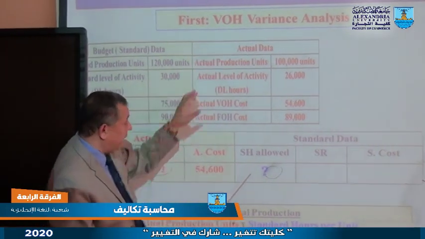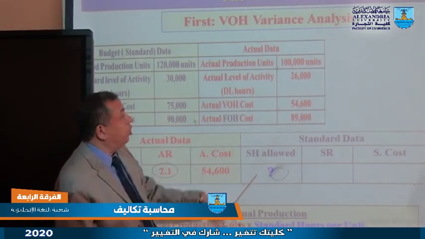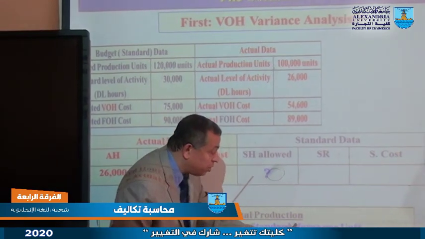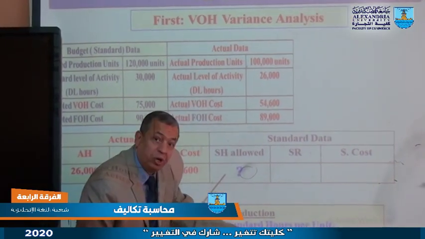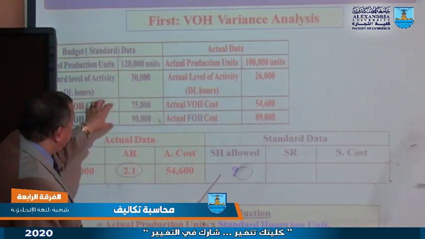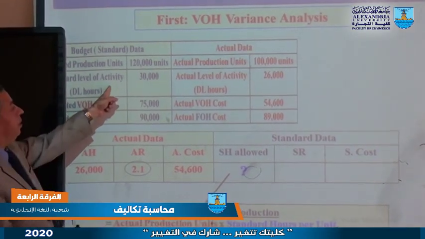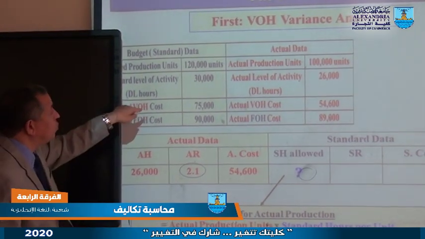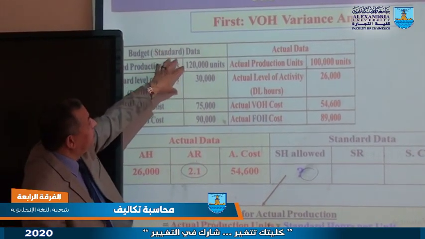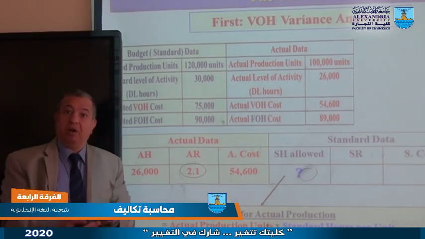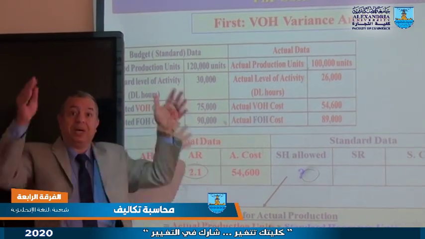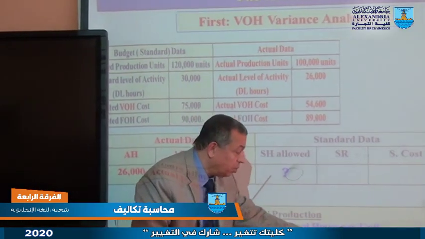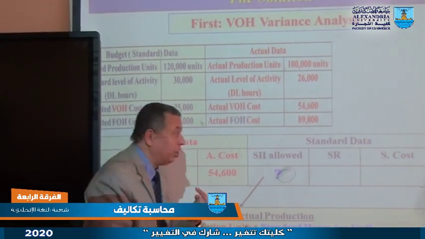On the actual side, I have actual production units. What about standard hours? I don't have standard hours per unit here. So you have to concentrate on how to use the standard data for the level of activity, for the budget I mean, to determine standard hours only per unit.